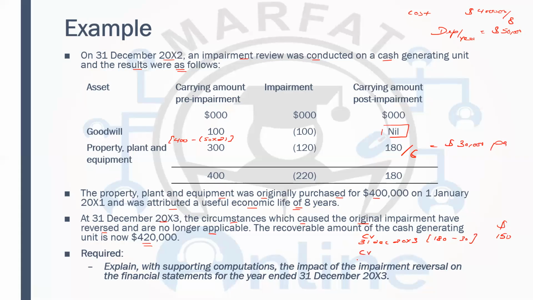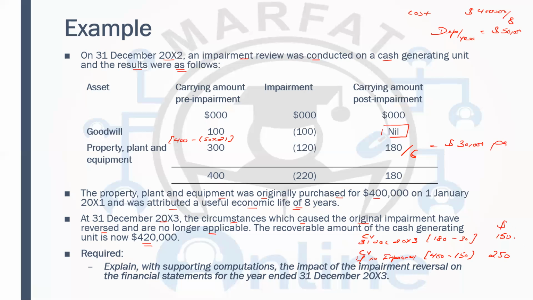And now we need the carrying value if no impairment was recorded. What should it have been? It should have been 400, which is the original cost, minus how many years of depreciation? 3 years of depreciation, which is 50 into 3, 150. The carrying value would be 250 had there been no impairment.